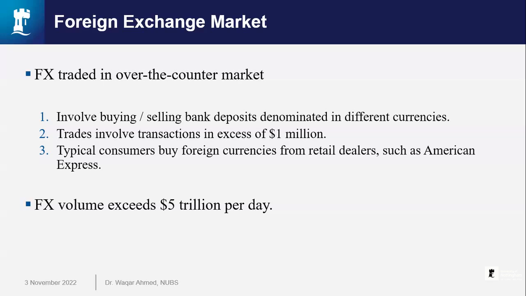And then you sold your home currency and you bought British pounds. So it involves buying and selling bank deposits denominated in different currencies. You have a bank deposit, so you converted your deposit into another currency.